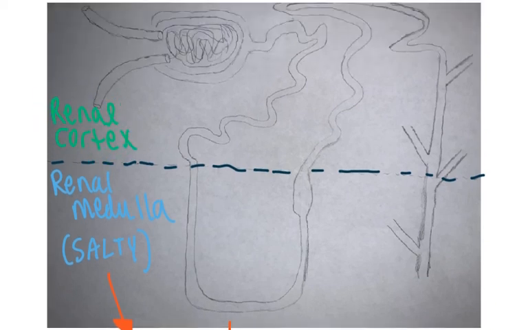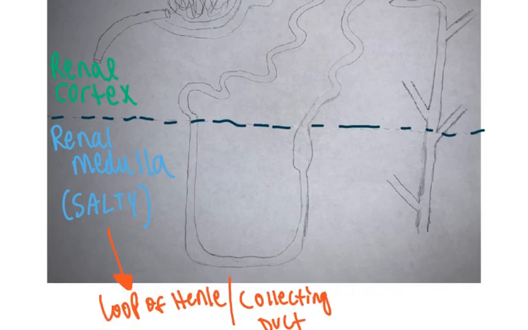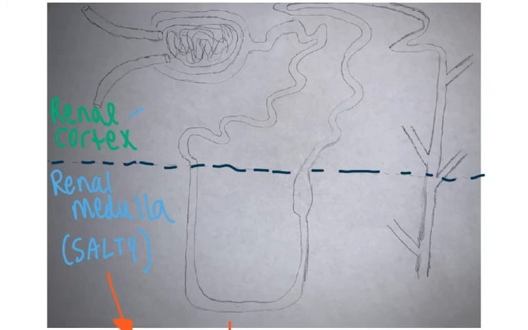All right, and then from the picture, we can see that some structures that are part of the renal cortex are our renal corpuscle, so our glomerulus and our Bowman's capsule, remember, make up our renal corpuscle. So let's go and write that down. So right here, let's just write it down. So our Bowman's capsule and glomerulus make up our renal corpuscle. Then we have our proximal convoluted tubule.